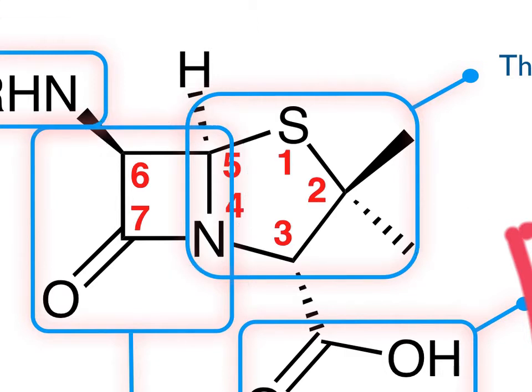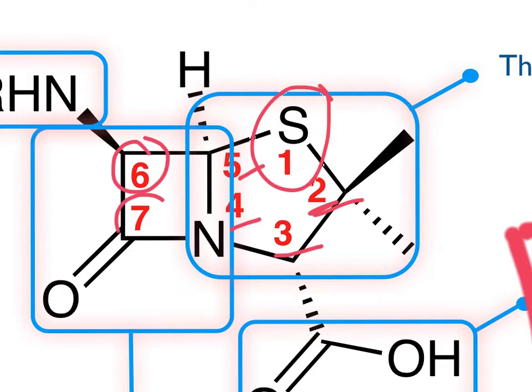In terms of numbering, which is very important, almost every year I ask how the numbering of the penicillin molecule works. The numbering starts from the sulfur, and it goes to the carbon with the dimethyl, number 2, then 3, 4, 5, 6, 7.